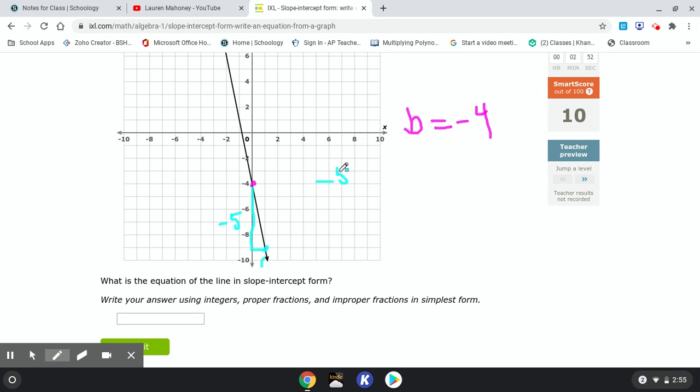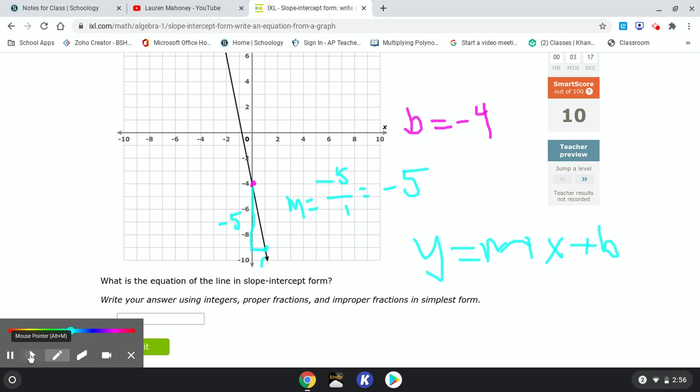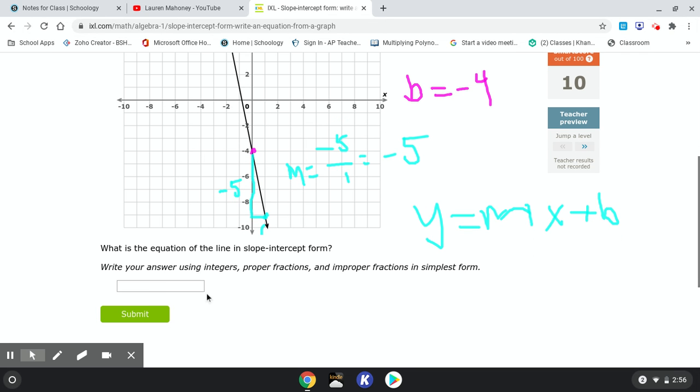My slope, it is going down, and it looks like the next part for my slope is about right here. So I am going down 1, 2, 3, 4, 5, and over to the right 1. So -5 over 1 is going to simplify to -5, and that is my m.